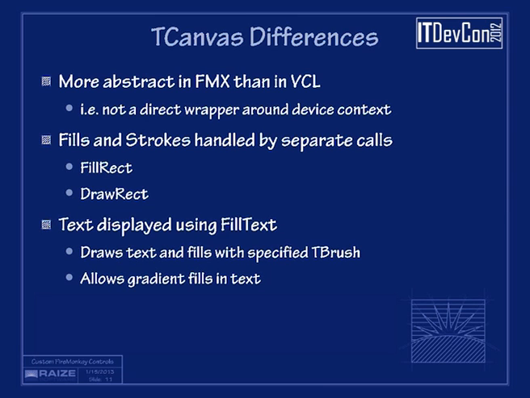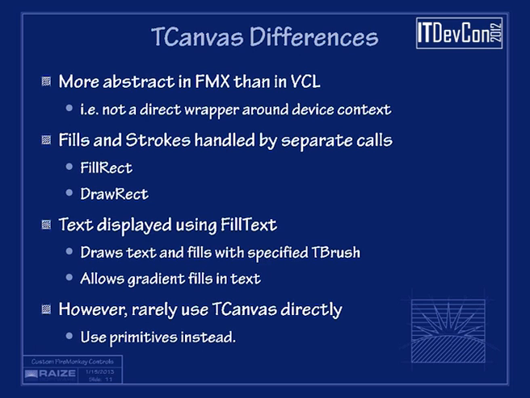So likewise, text is a primitive, and we now have a fill text, which is kind of interesting because fill text means we can use all of the fill properties that are available in the brush, which means gradient fills and outlines and all kinds of fancy things we haven't been able to have for a font. And we get to have that with the text primitive.